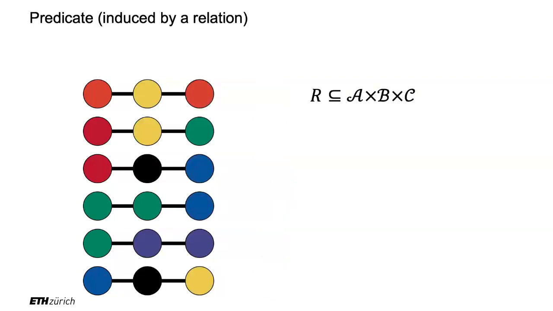Now there's another way to look at these relations. It's in terms of predicates. A predicate is just a way of saying yes or no, does that tuple belong to your relation? If you take any possible tuple from the Cartesian product, it's a yes or a no. If it's a yes, it's in there.